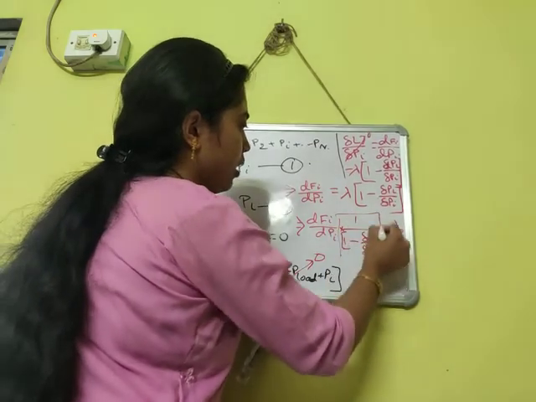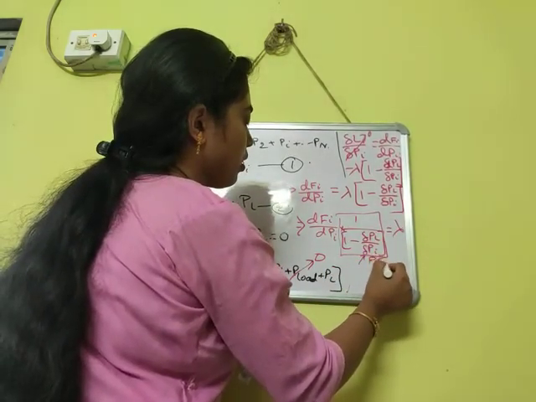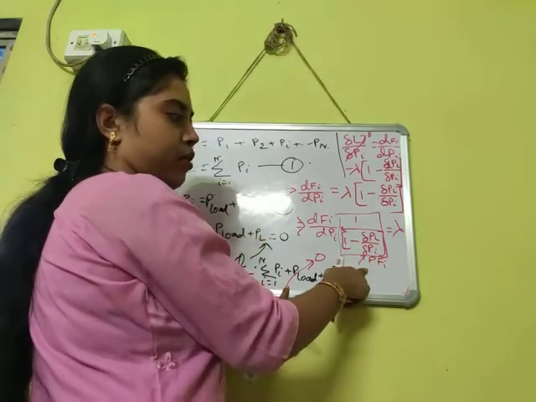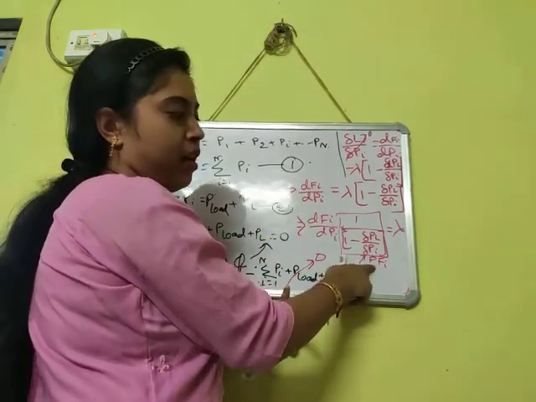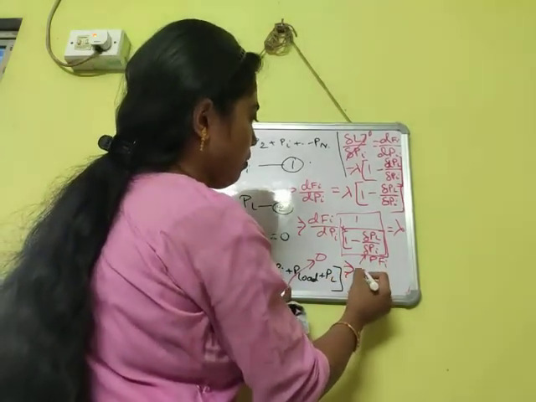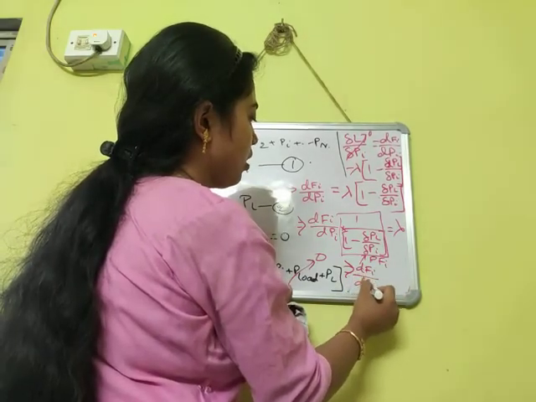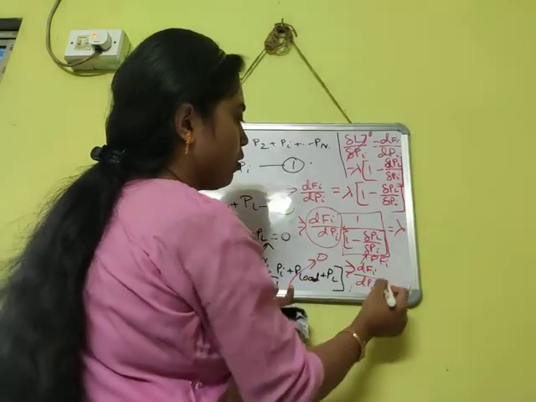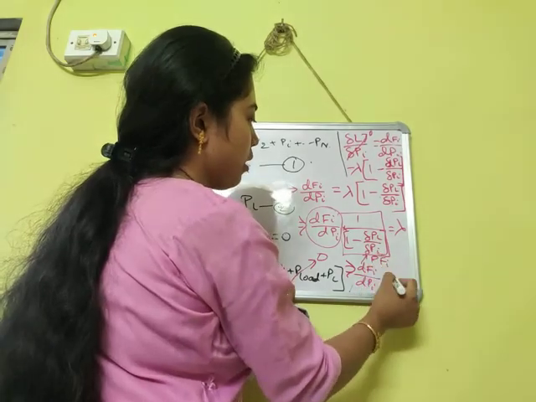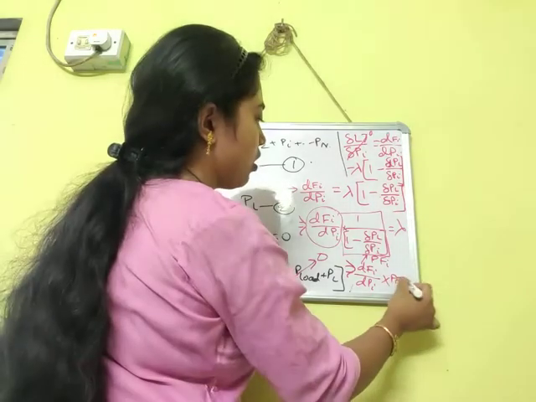Here that term is called penalty factor. For ith number of generating units, that's why PFi, penalty factor of ith generating unit, it becomes dFi by dPi into that penalty factor for ith generating unit equals to lambda.